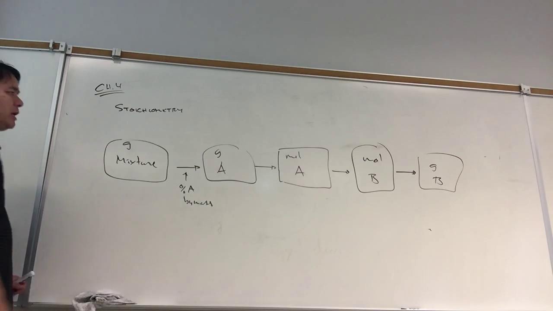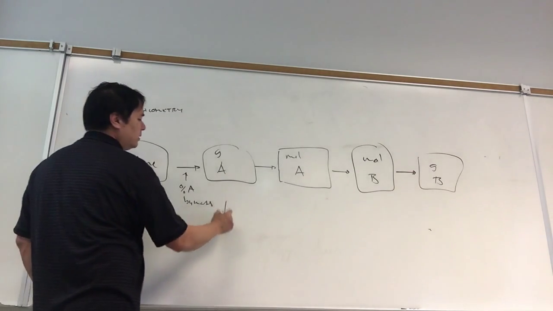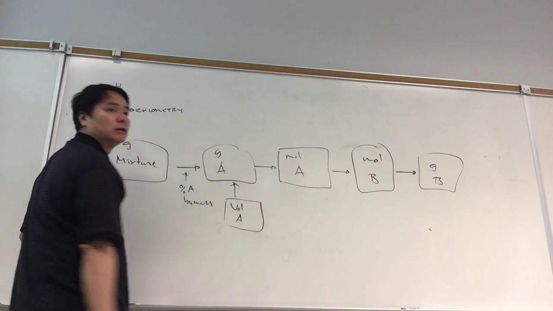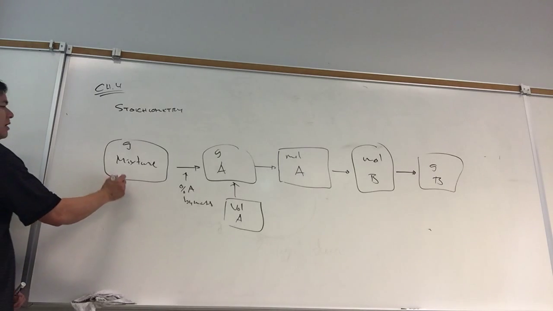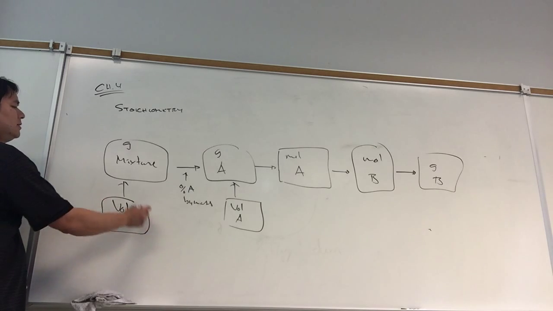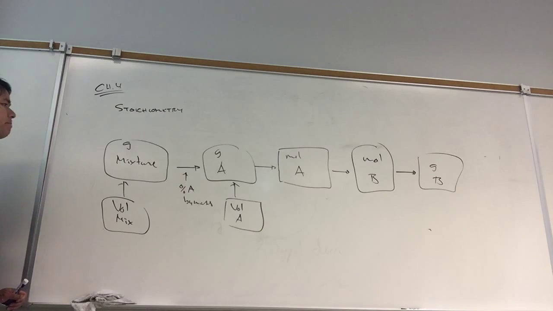Sometimes we have a volume of A. If we have volume of pure A, then we need the density to go. Sometimes we have the volume of the mixture, then we would need the density of the mixture to figure out the grams of mixture and then go that way.